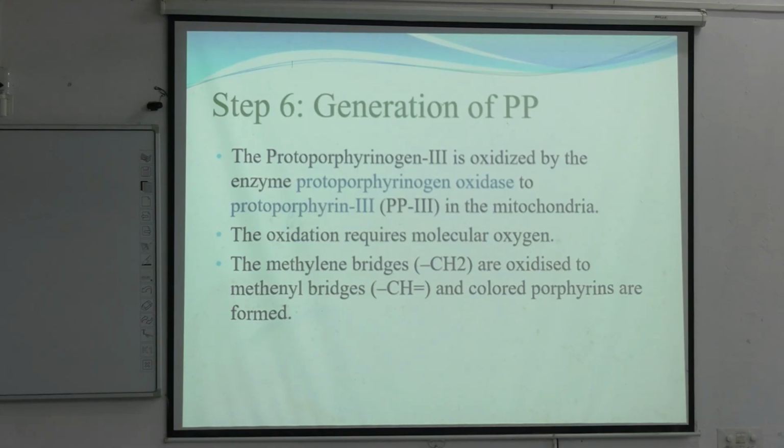Here it will get converted into a double bond, a methenyl bridge. So the methylene bridges, that was CH2, are oxidized to methenyl bridges, that is double bond CH, and they produce the porphyrin.